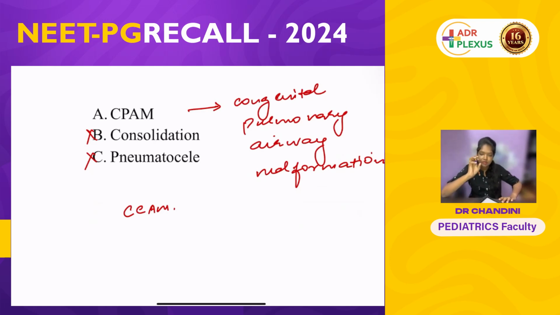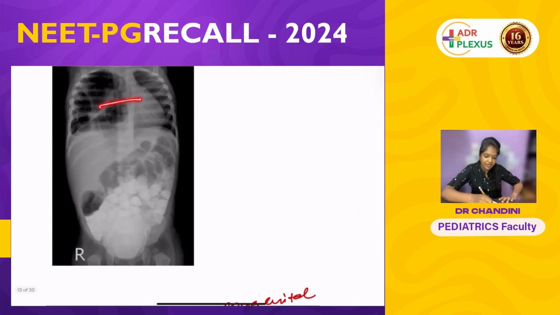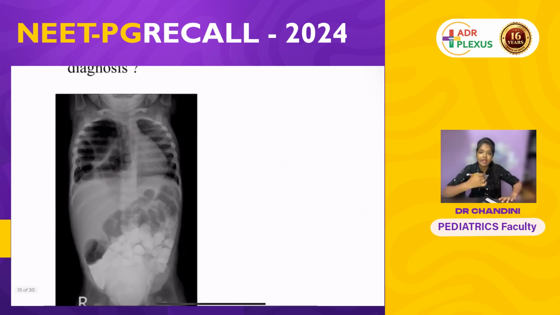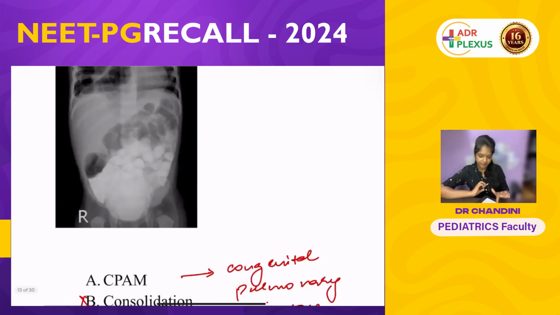These are multiple cysts present in the thoracic cavity, which can cause mediastinal shift. They can present as respiratory distress in the infancy and newborn period. They can also lead to recurrent respiratory infections, and when they rupture, they can lead to pneumothorax. So these are the problems with CPAM. This is the classical X-ray that was given. The answer is CPAM.